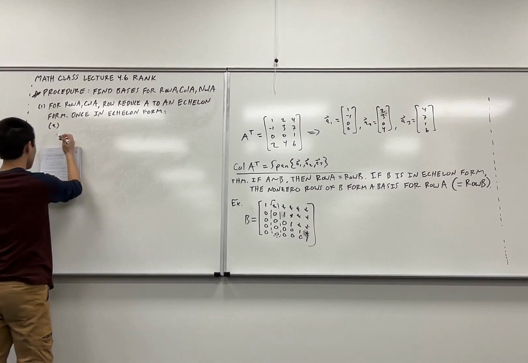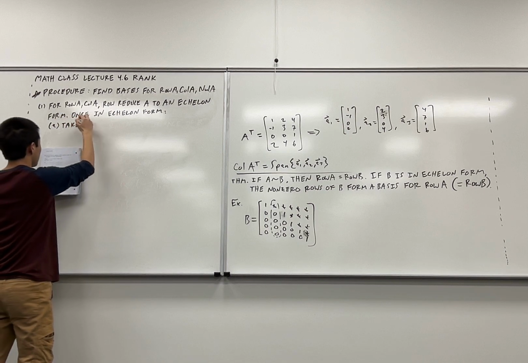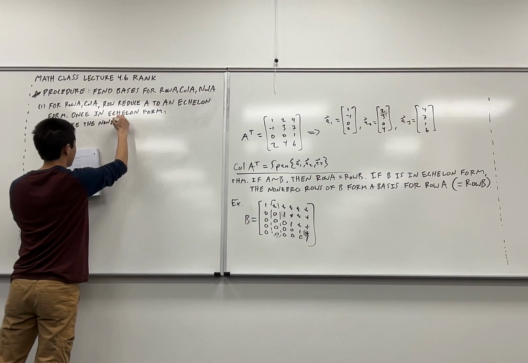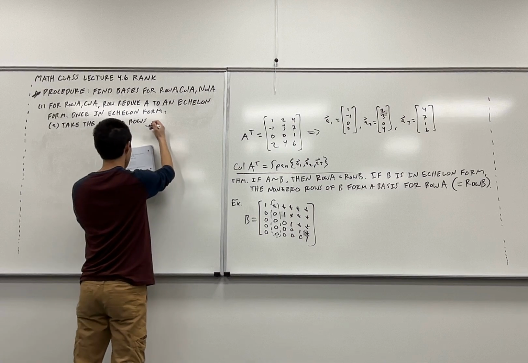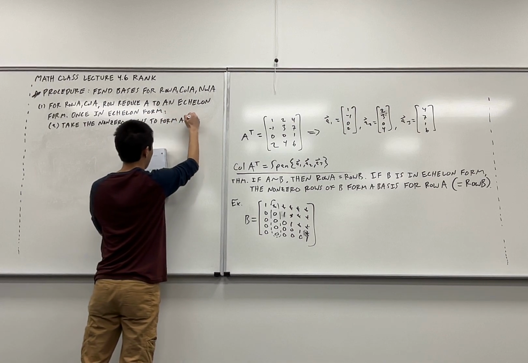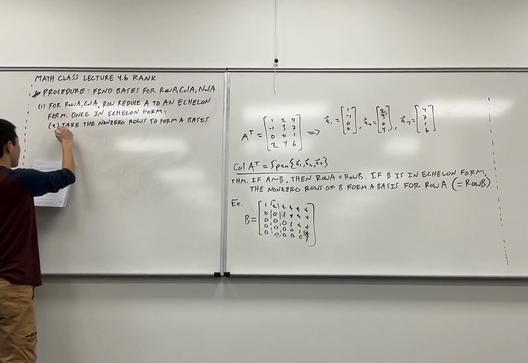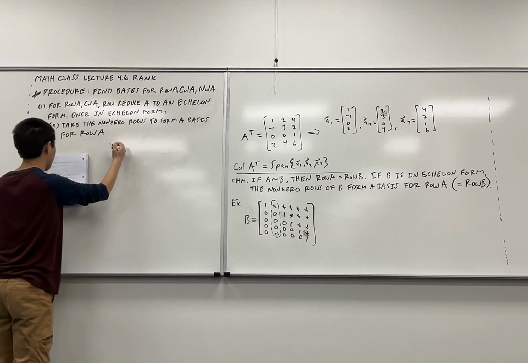So take the non-zero rows to form a basis for my row space. That's kind of what we just stated over on the other whiteboard there.